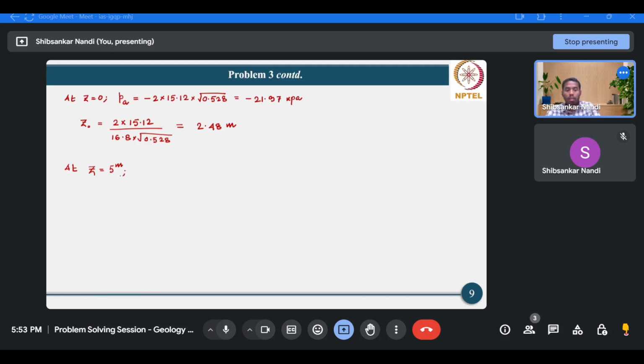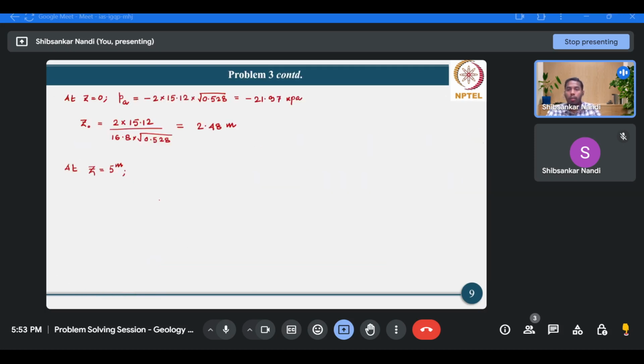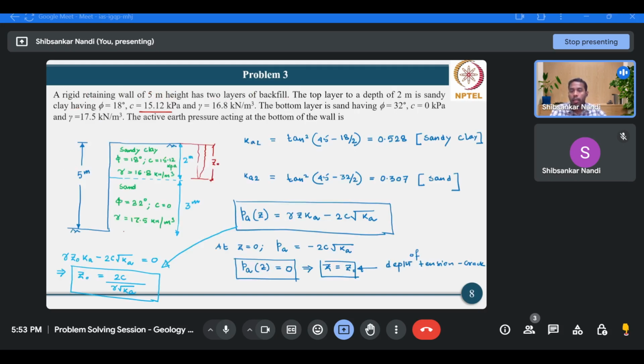For that we first have to calculate the effective overburden pressure at that depth.